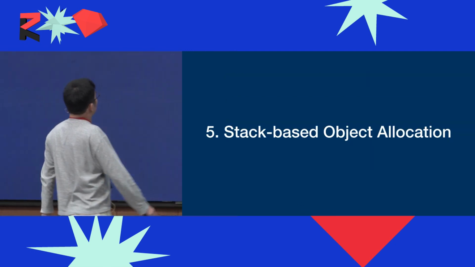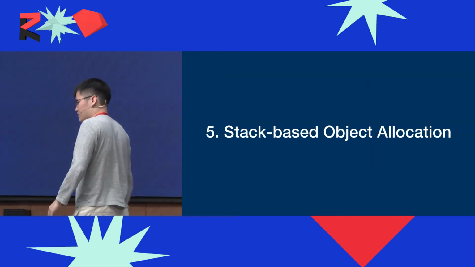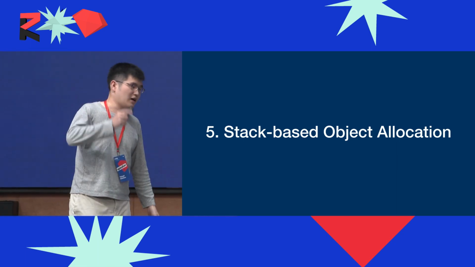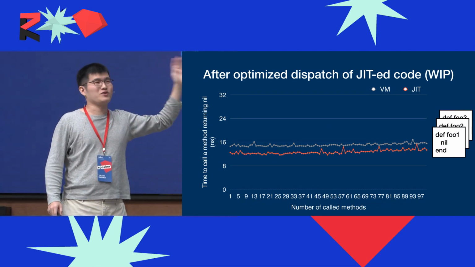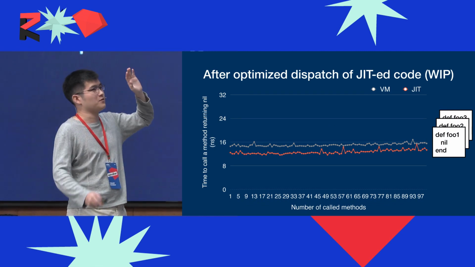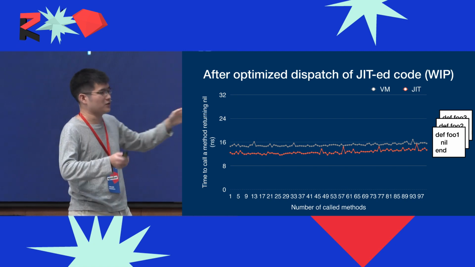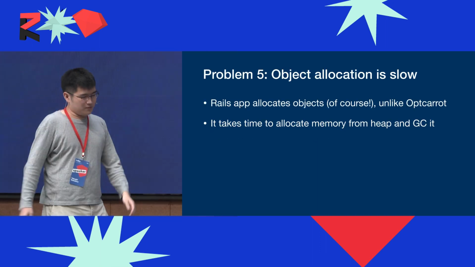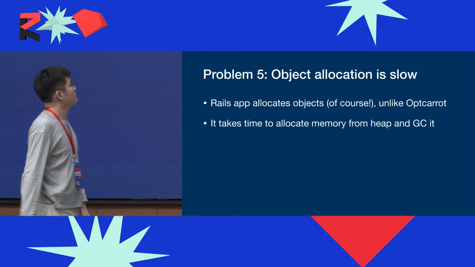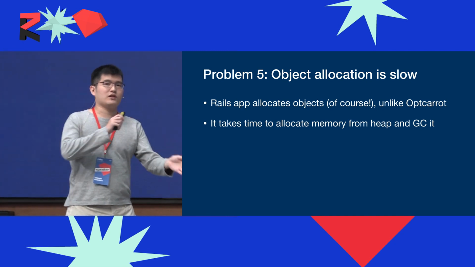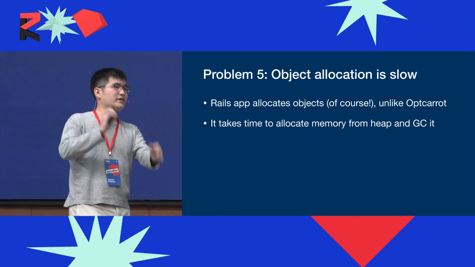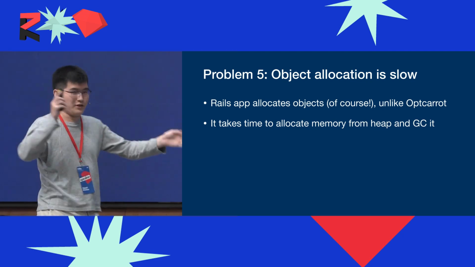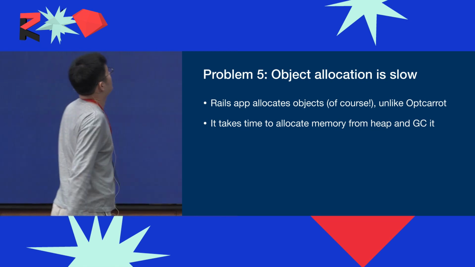The last one is stack-based object allocation, which is a POC right now, but it's pending because the previous work is more important for improving Rails application performance, so I've spent a lot of time on that and put this one on hold. Anyway, I believe this also helps Rails application performance because Rails applications allocate a lot of objects at runtime, and memory access is very slow compared to CPU calculations.